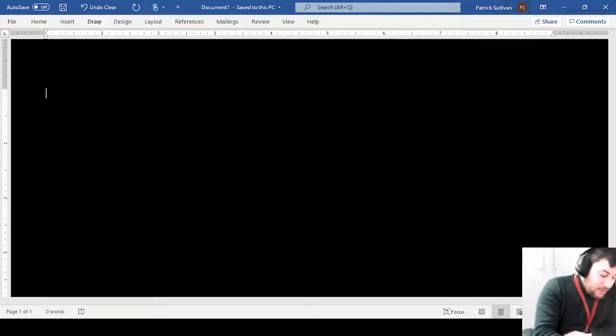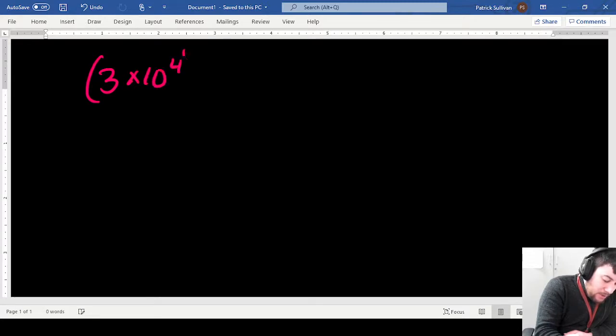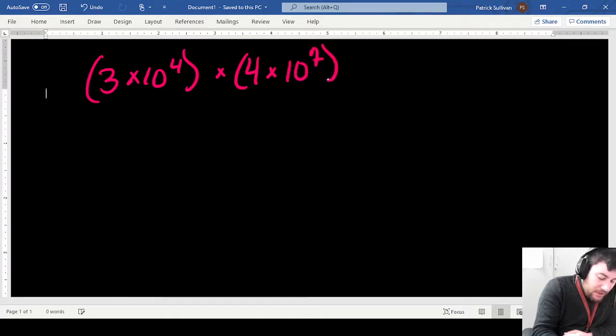The multiplication ones tend to be a little bit more tricky. So let's do 3 times 10 to the fourth, all times 4 times 10 to the seventh. So again, I multiply my lead values to get 12, and then I add my exponents. 4 plus 7 is 11, so now I have times 10 to the 11th.